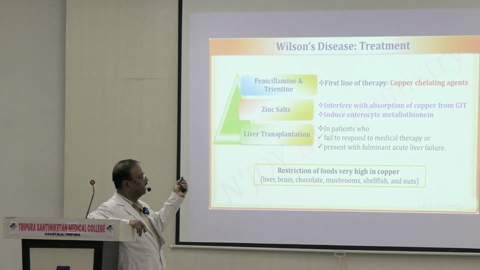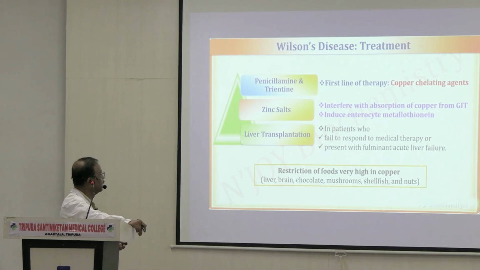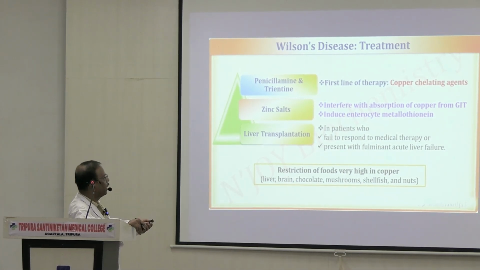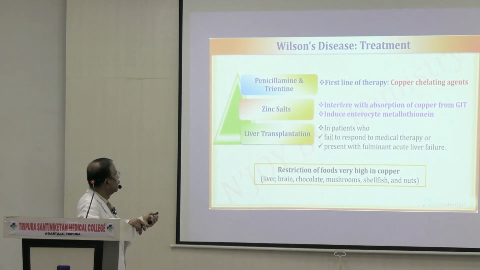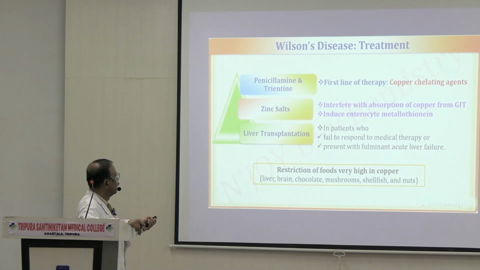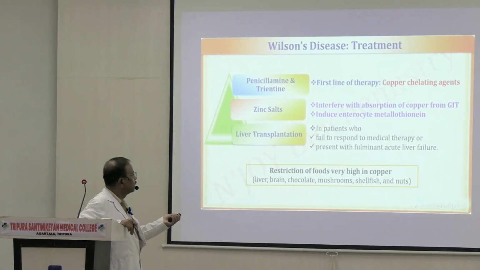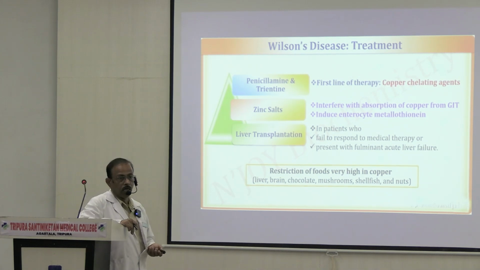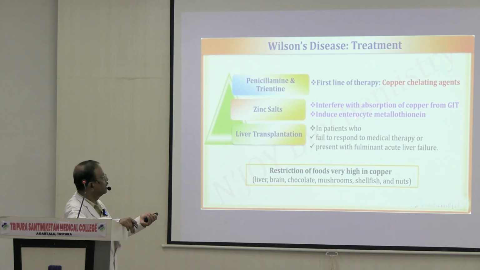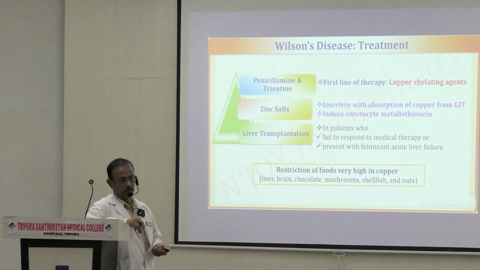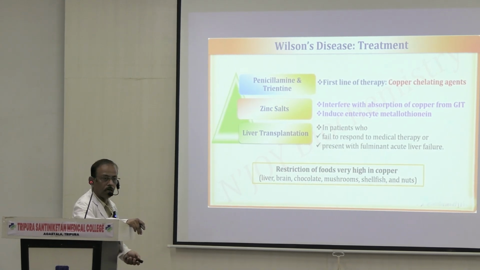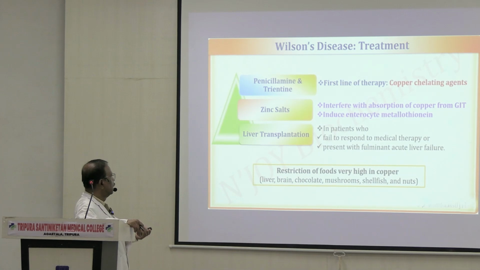For treatment, a chelating agent called penicillamine is given that chelates the copper and removes it from the body. Penicillamine and trientine are the chelating agents. Zinc salts are given; they interfere with absorption of copper from the gut, thereby reducing the copper load, and induce erythrocyte metallothionein, which is also responsible for removal of copper.